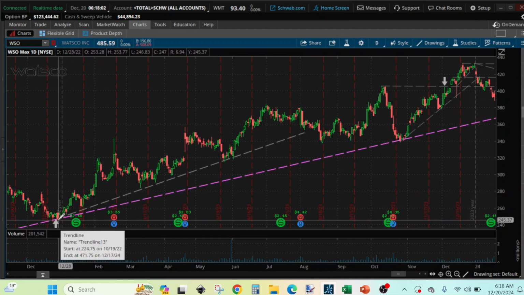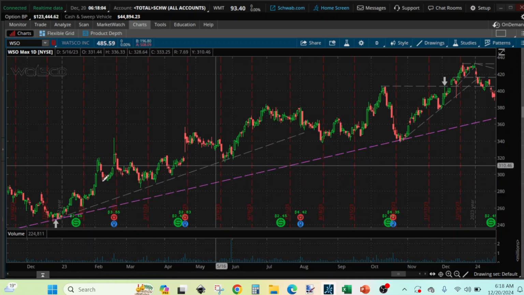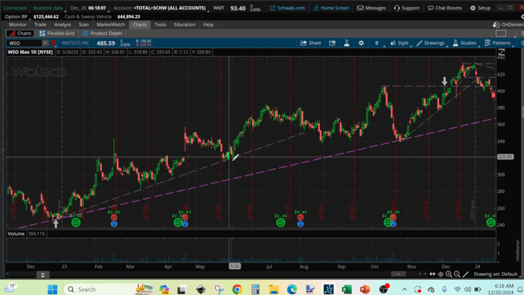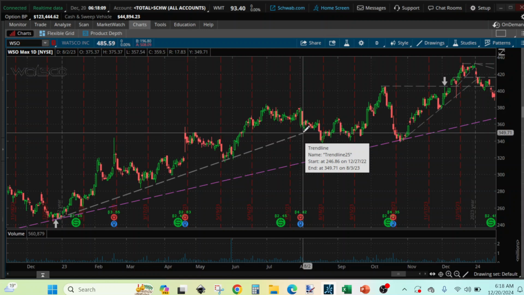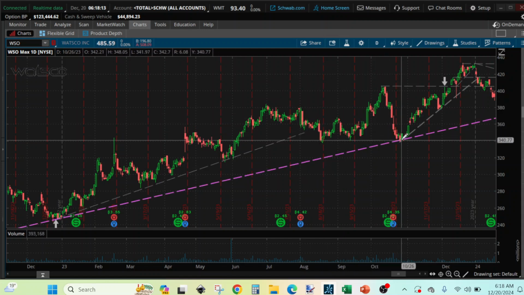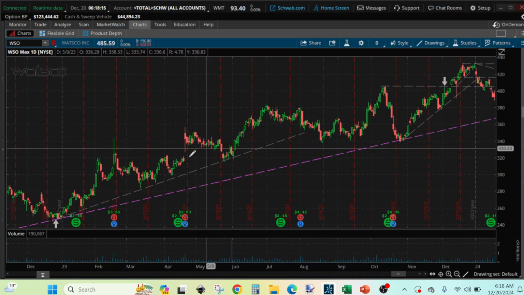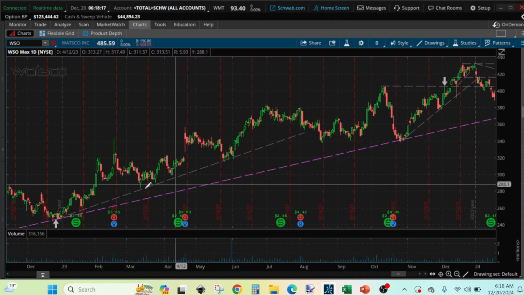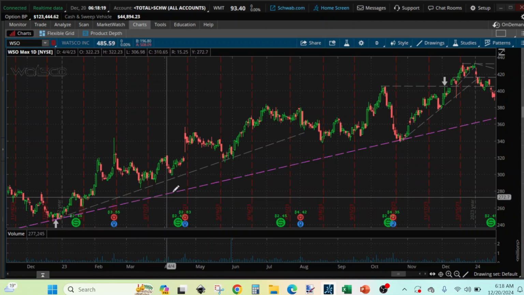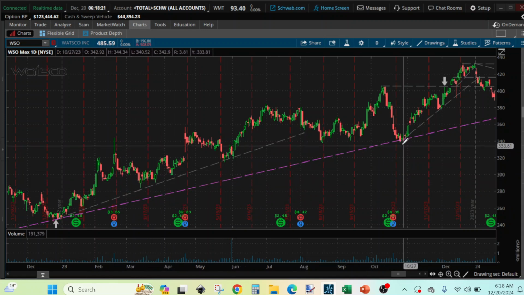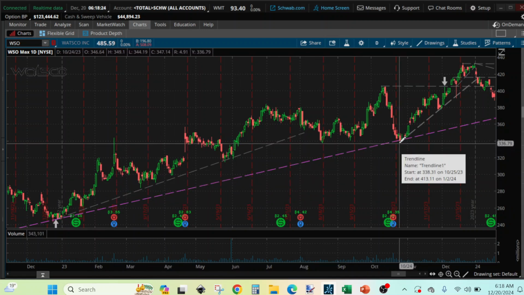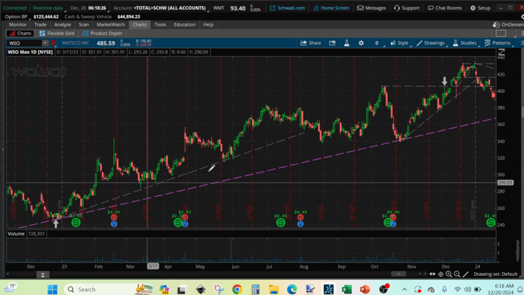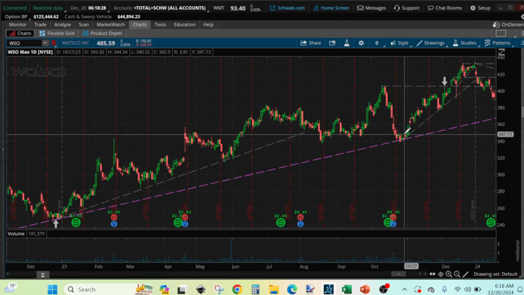So from December it touched that line constantly all the way to August and fell off of it, and then went off from there. It didn't touch this line until October. When it touched it in December, it touched it in October.